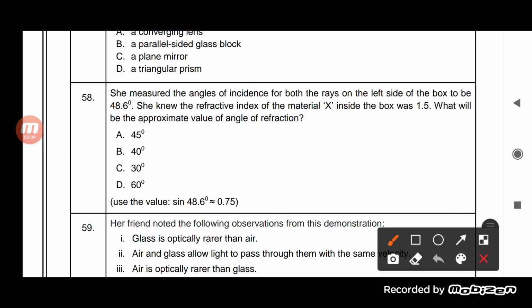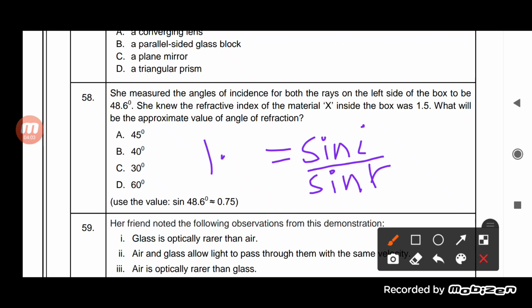Formula: we know that the refractive index of the medium equals sin i upon sin r. Now the refractive index value of the material that was given is 1.5.